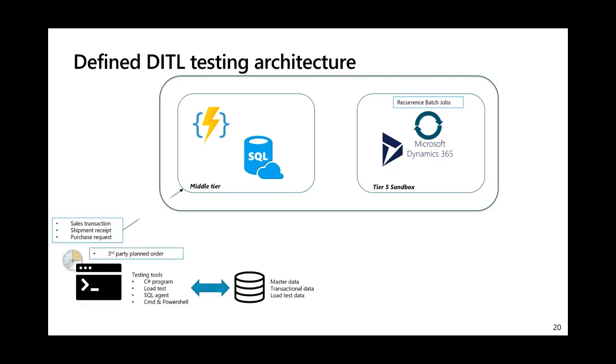One of my scenarios is sales creation from the sales transaction. The sales order is created from a sales transaction from the third-party POS tool. So for the sales transaction from the POS, I need to develop my own POS program to generate the sales transactions based on the master data and transactional data in the SQL Server I set up before.